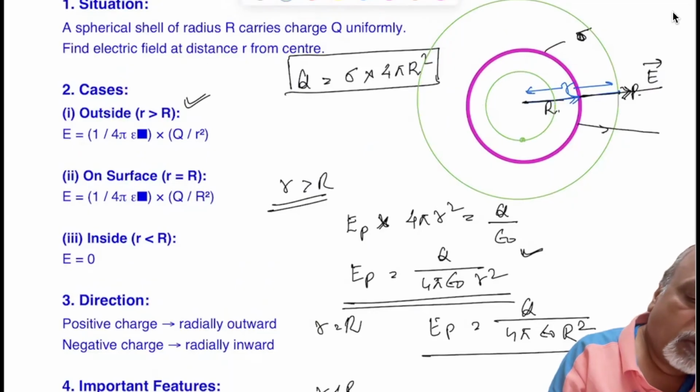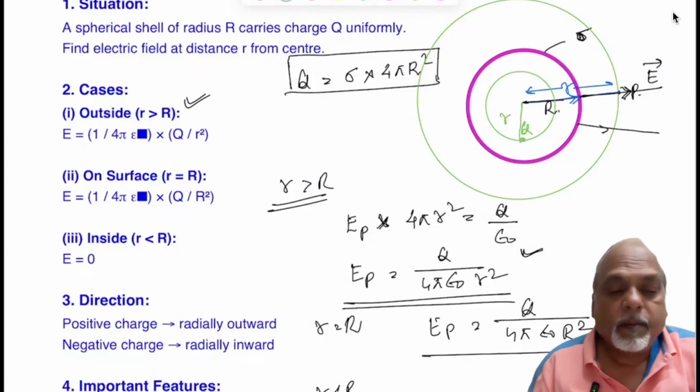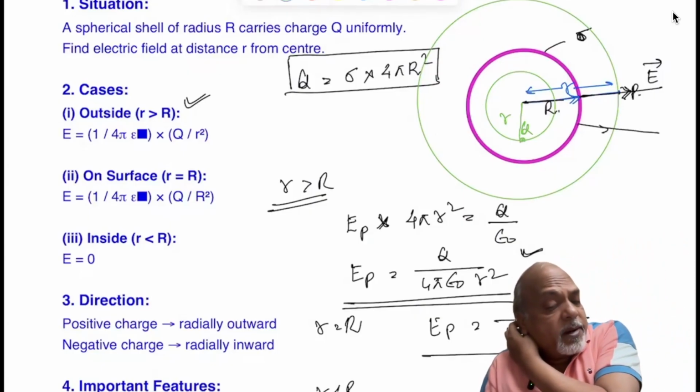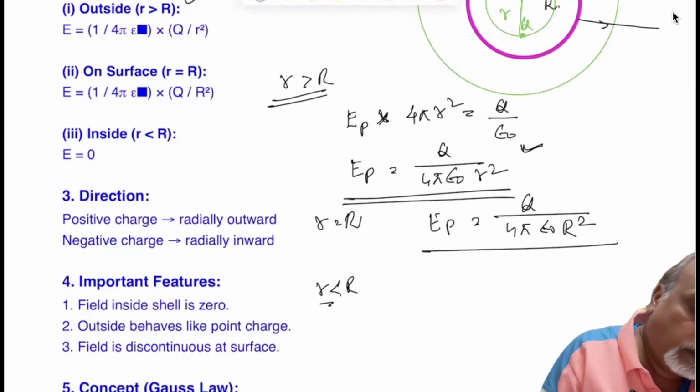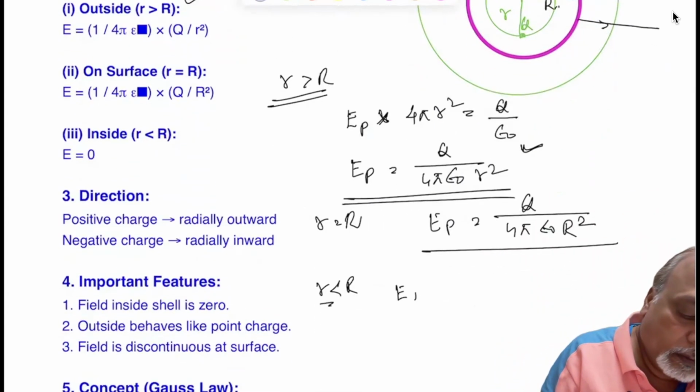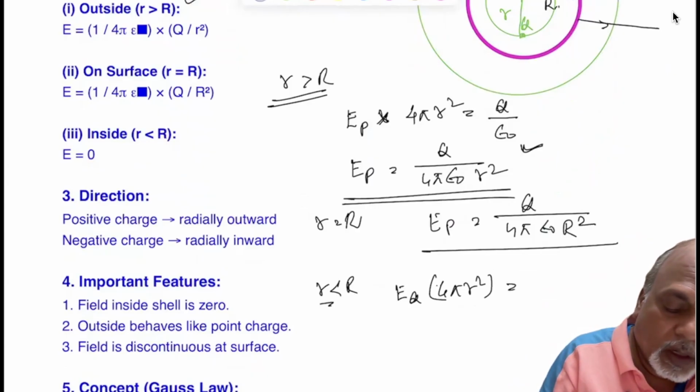Suppose this is the point Q, and r is less than R. Then what is the electric field? E times 4 pi r square is nothing but Q enclosed upon epsilon 0.